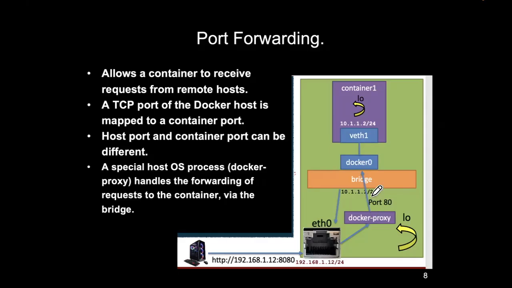It forwards the request on to the actual bridge, and the bridge then works out that it needs to pass it on to a particular container within this network. I wouldn't worry too much about the flow of communication there, but you are fourth-year students, so at a reasonable level, you need to be aware of what's going on behind the scenes.